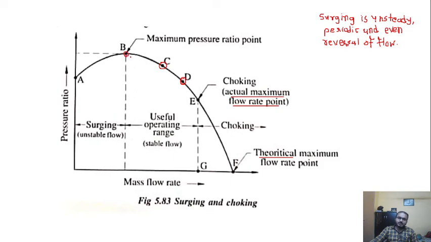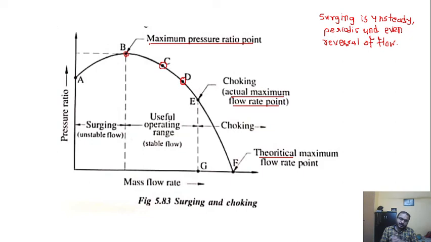So point number B is the sweet spot of functioning of this centrifugal compressor, where we are getting the maximum pressure ratio. At the same time, this is the point where the compressor is delivering with highest efficiency.